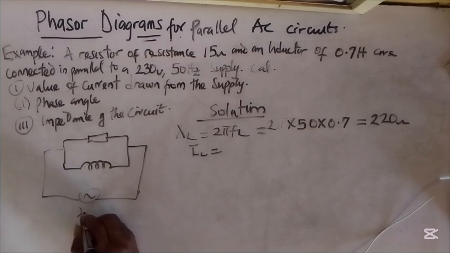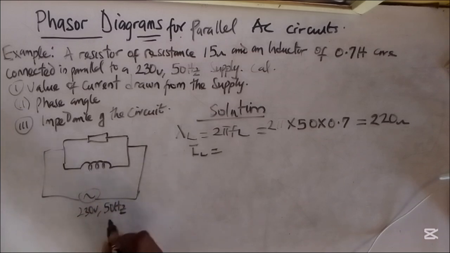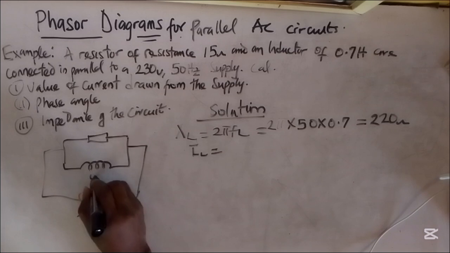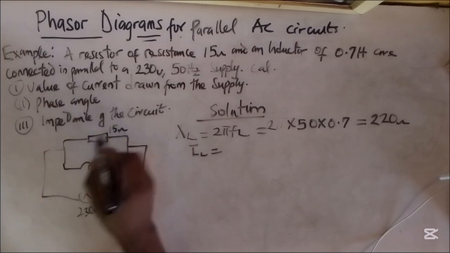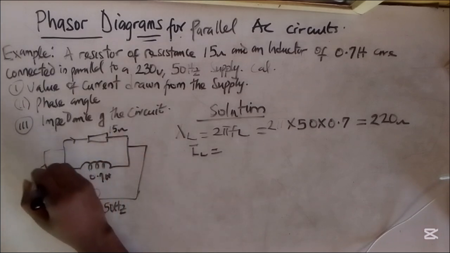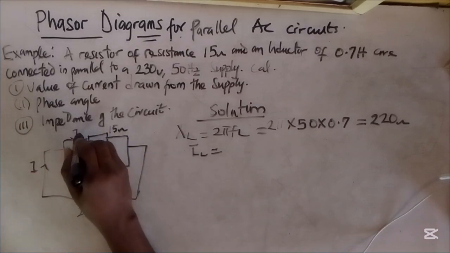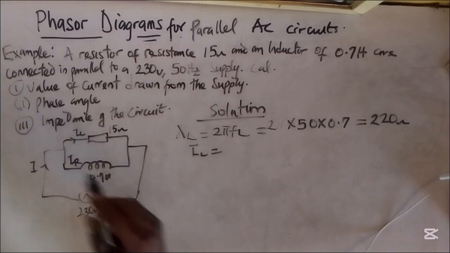Then this is 230 volts, 50 hertz. This is 0.7 Henry, and this is 15. Also, we are asked to look for this current. So this is IL and this is IR.